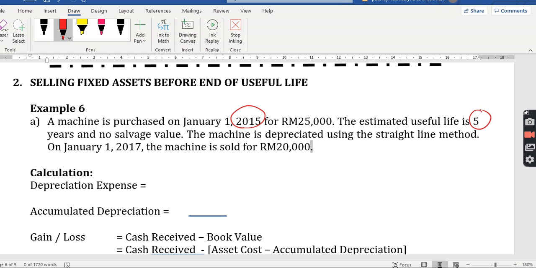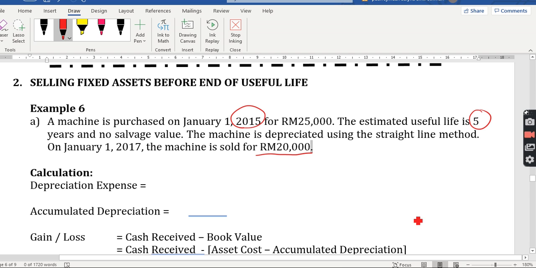But on 1st of January 2017, the machine is already sold, so the asset was sold before the end of the useful life.